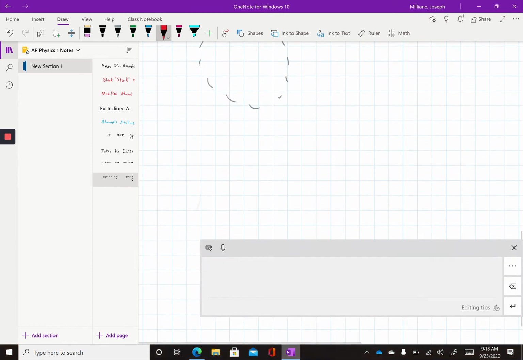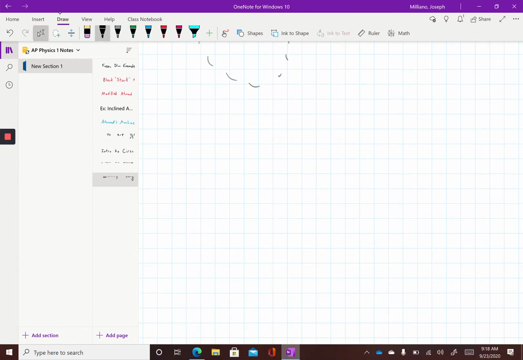All right, so general principles. Net force in the radial direction turns, but does not change how fast.